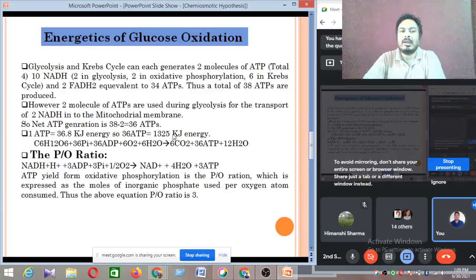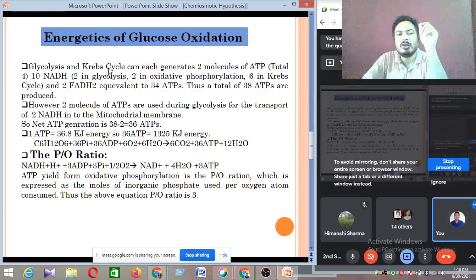Okay, now see the most important point. In total they produce 38, but 2 ATP molecules are utilized. These 2 ATP molecules are utilized during the glycolysis process. How are they utilized? For the transport of 2 NADH molecules to the mitochondrial membrane.